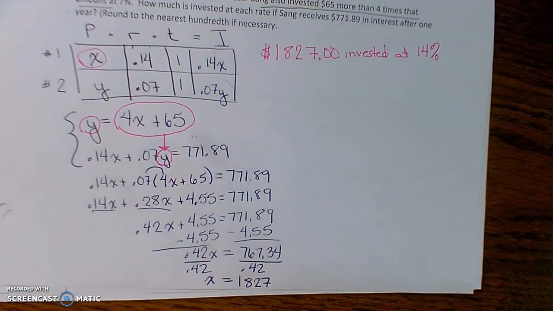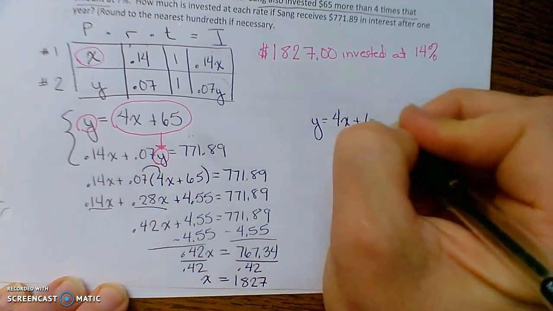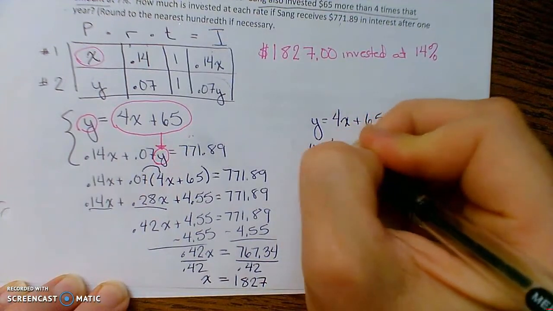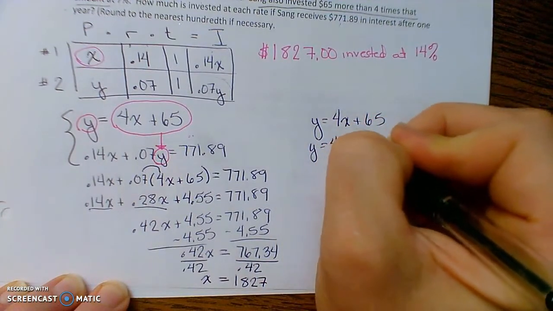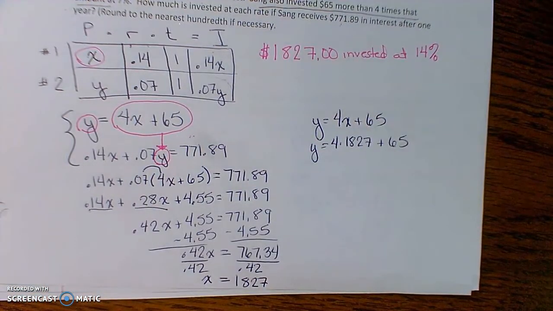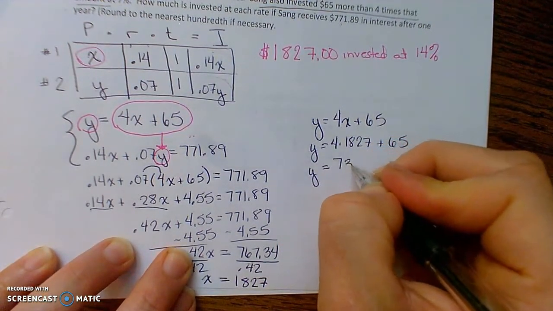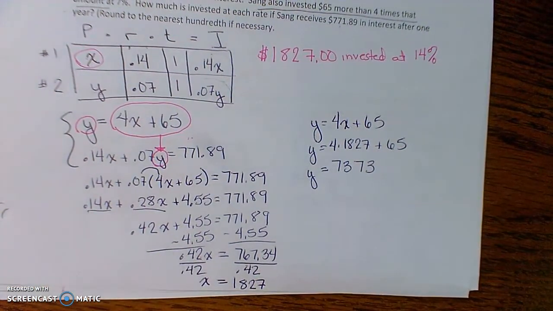And for the rest of it, I'll use this equation to figure out what Y is. Y equals 4 times that amount plus 65. So that's 4 times 1827 plus 65. I get that Y is equal to 7,373.